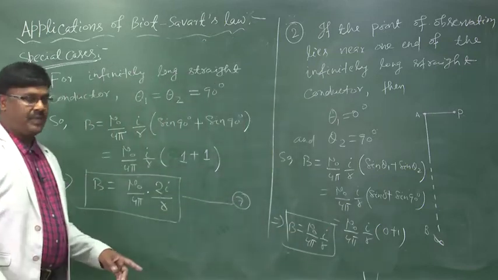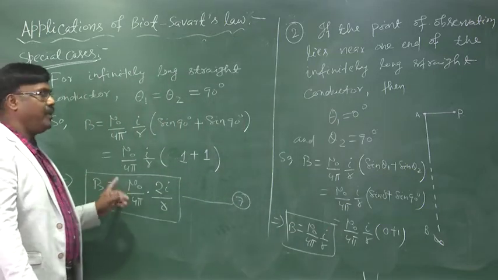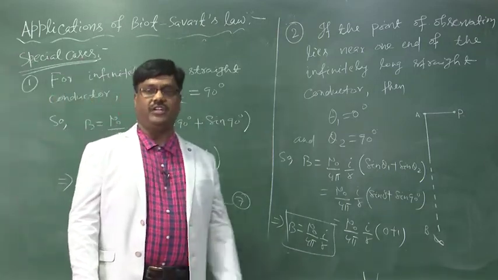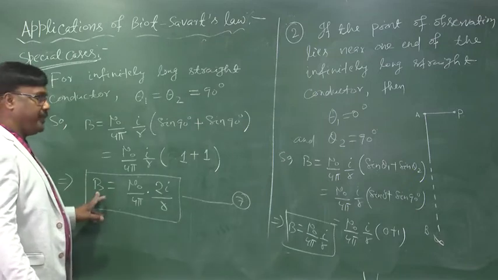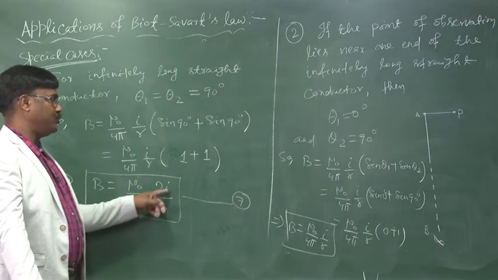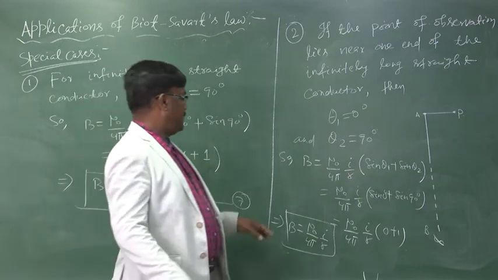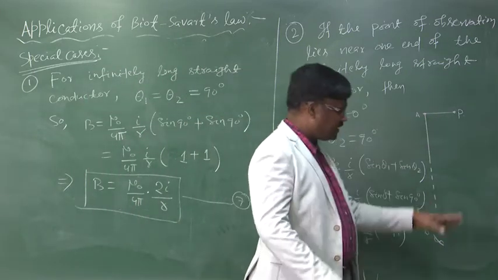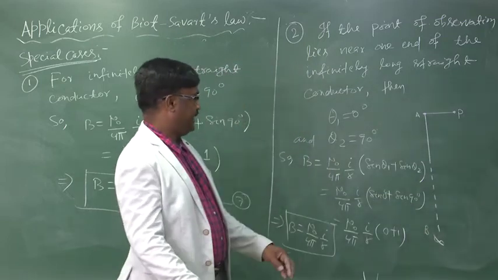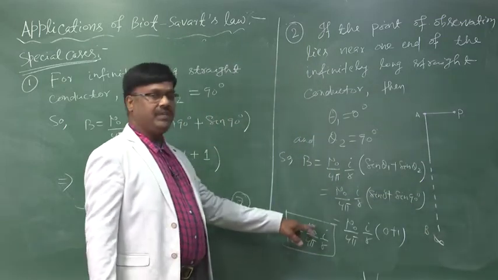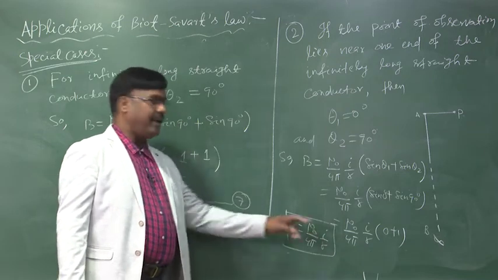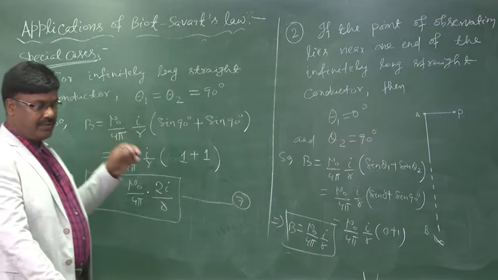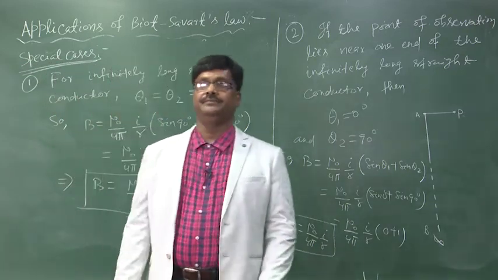That means if the point of observation lies at the midpoint of the infinitely long straight conductor, the value of B is mu 0 by 4 pi, 2I by r. But if the point lies at one end, B will be mu 0 by 4 pi, I by r, which is half of that obtained in the previous case.